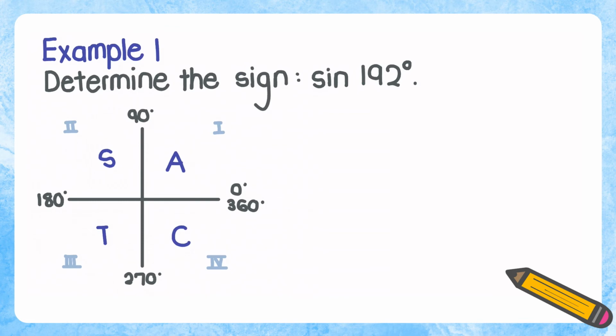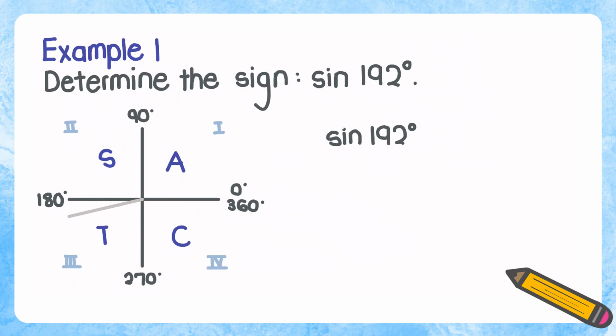Anyway, we're going to determine whether sine of 192 degrees is going to be positive or negative without using our calculators. So we're just going to use this idea of ASTC, all students take calculus. So we're looking at the function sine of 192 degrees. So first off, let's figure out which quadrant this lies in.